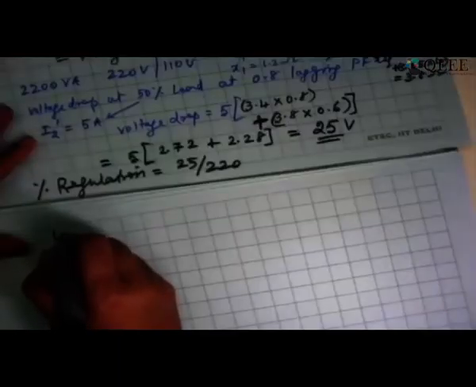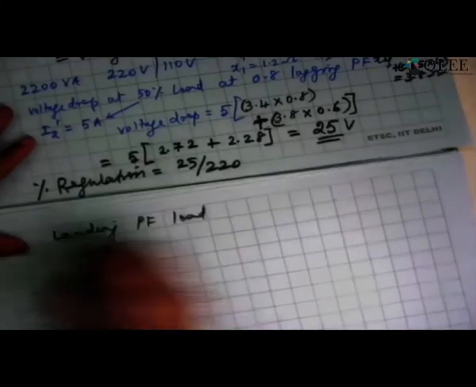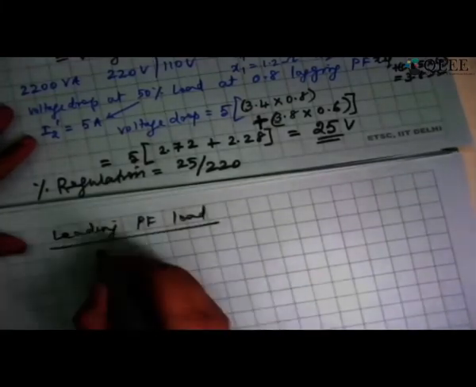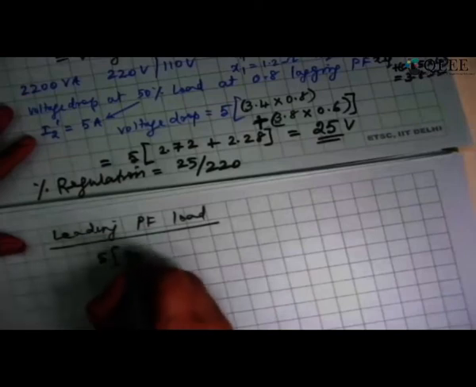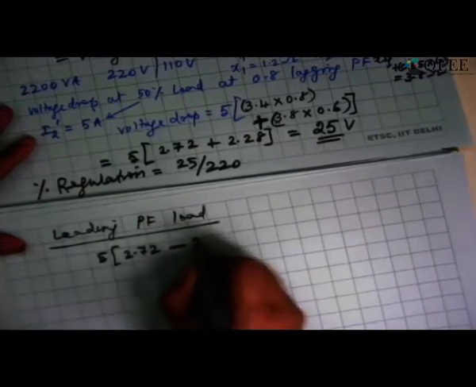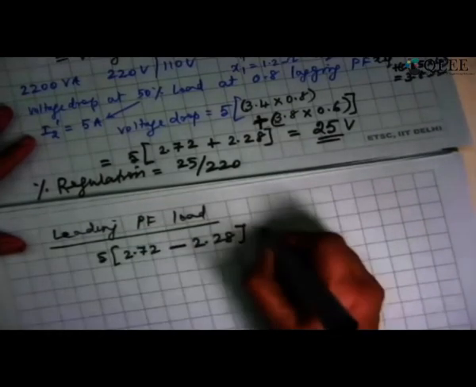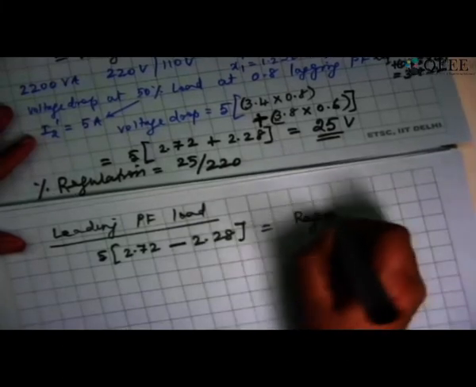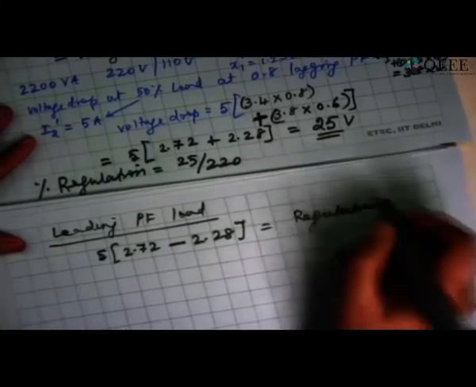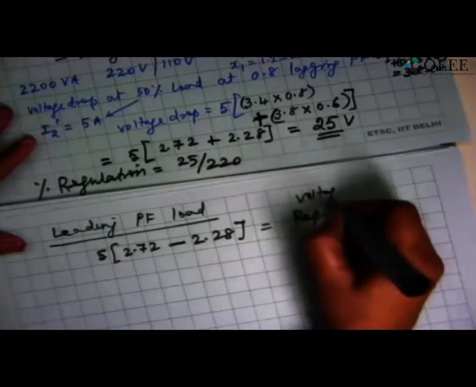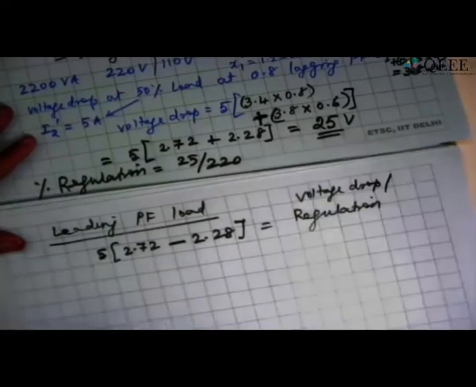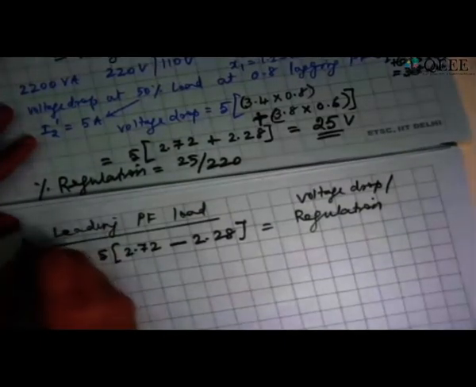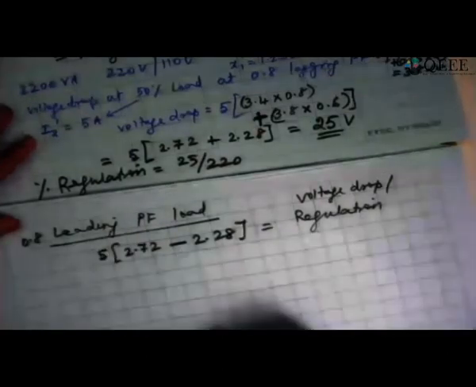If I calculate the same thing for a leading power factor load, it would have come out to be 5 into 2.72 minus 2.28. This is what would have been the regulation or voltage drop for a 0.8 leading power factor load.